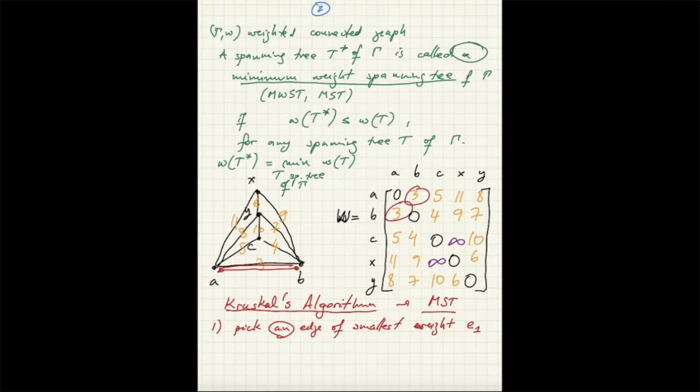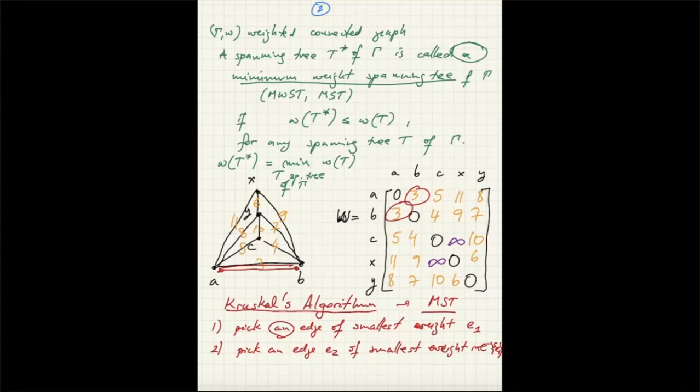Okay. In the second step, you do this procedure n-1 times because you want to pick n-1 edges. So in the second step, you pick an edge E2 of smallest weight in E minus E1.